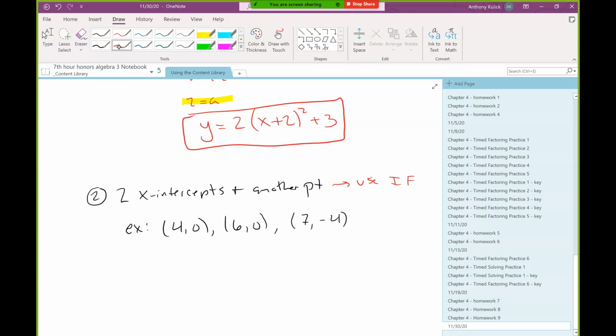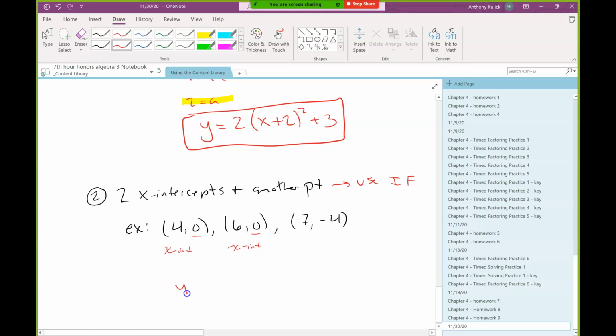So let's do a quick example. Here you're given the points (4, 0), (6, 0), and (7, -4). And notice right away, since these two points have y-coordinates of 0, I know that these are x-intercepts. So even though I was listed 3 points, I know that 2 of them are x-intercepts by their y-coordinate being 0.